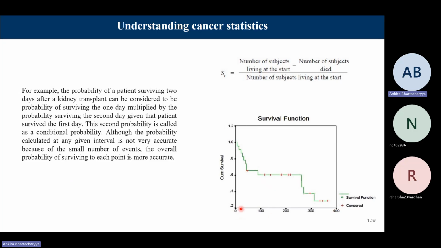For every few days or every X period of time, some statistic is plotted, and how a group of patients responds to a certain treatment will help you conclusively understand how that treatment has worked. So how is this survival function plotted?